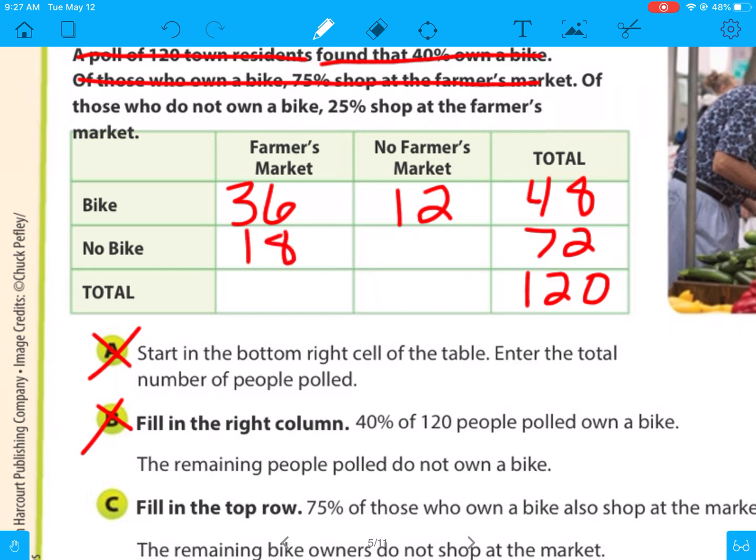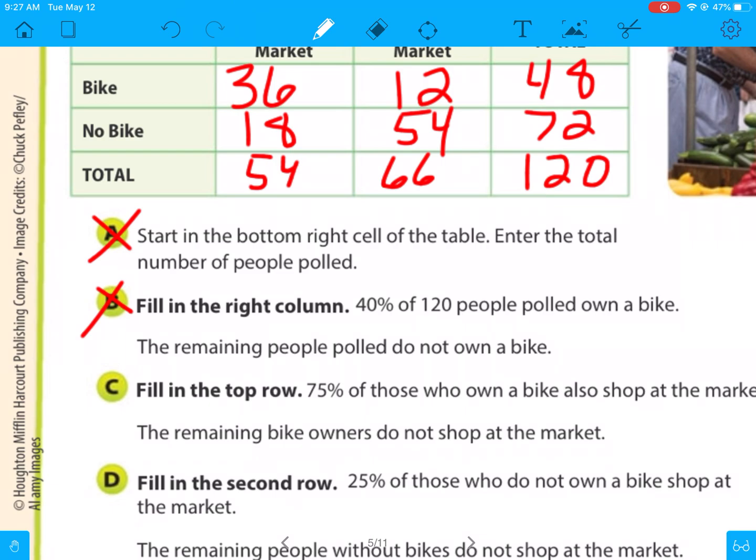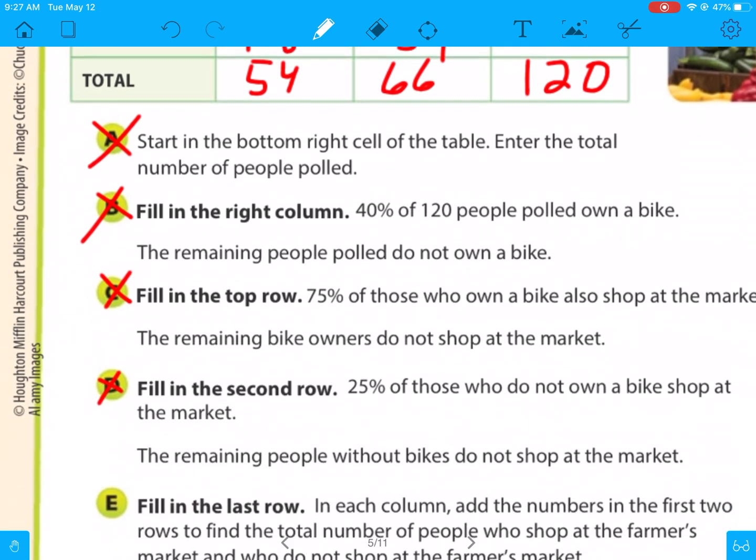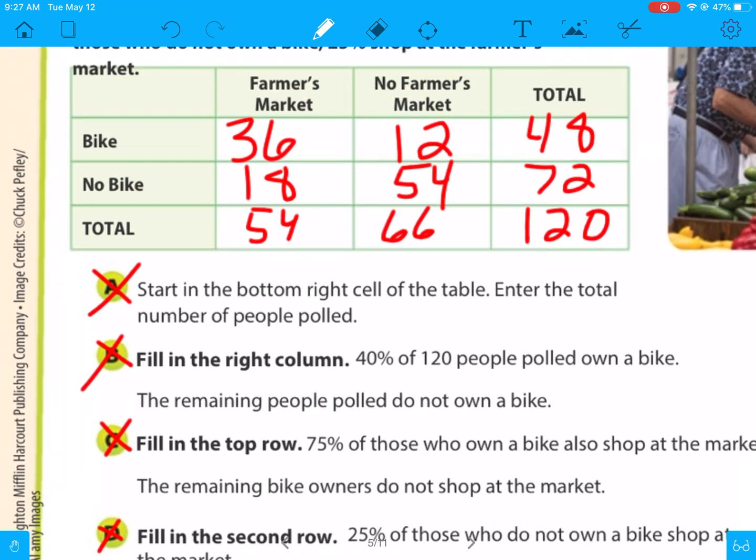That means this is going to be 54. And then you can also add up your columns. So 36 plus 18 is 54, and 12 plus 54 is 66. So we have answered the whole question and filled out the whole table.